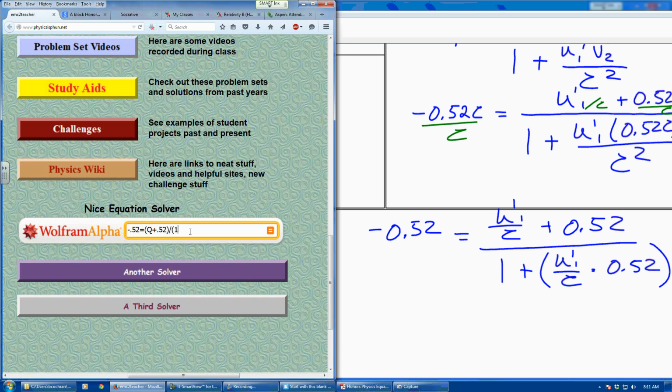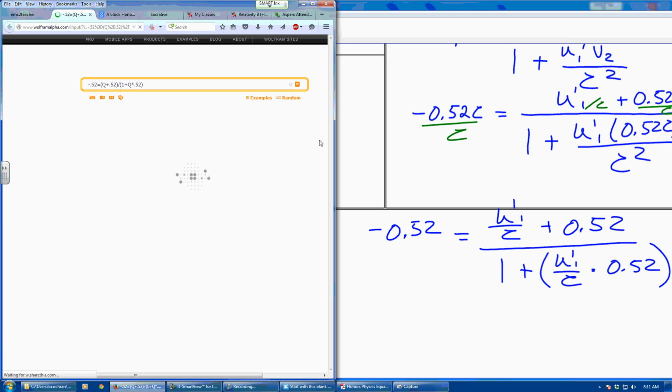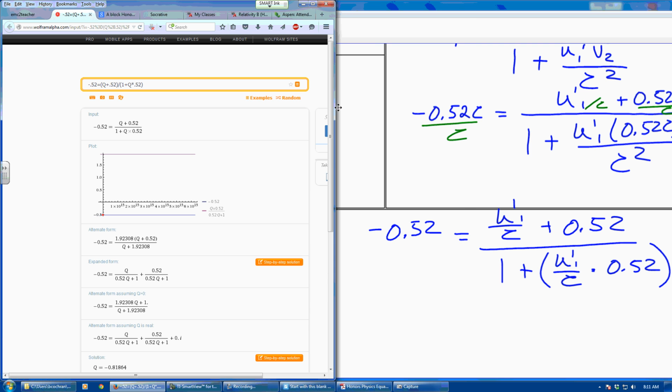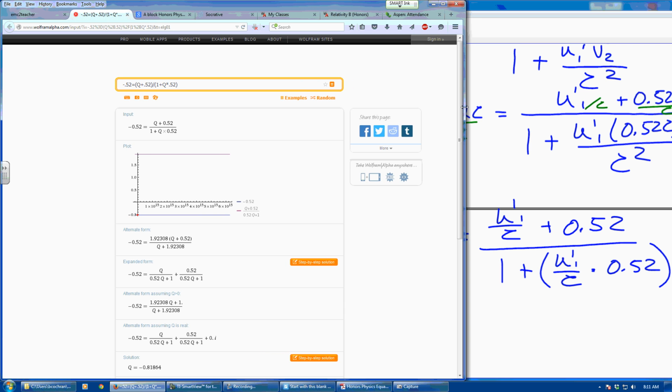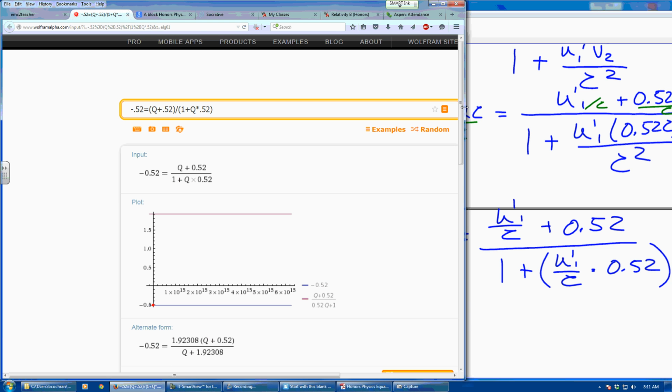Parentheses, 1 plus Q times 0.52. Close. See if that interprets that correctly. Looks good. So it interpreted it correctly.